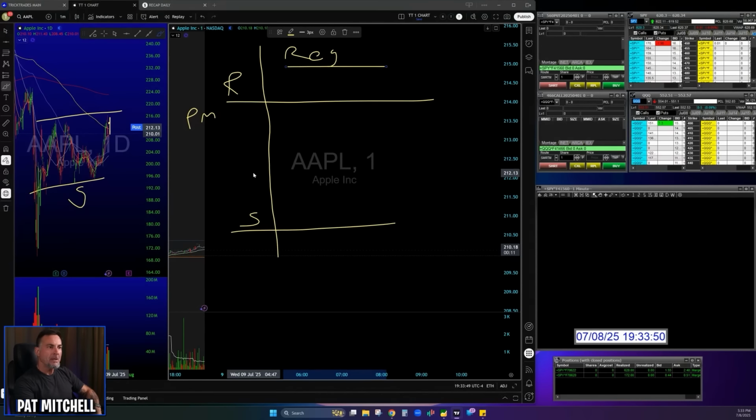Okay? So now let's say the pre-market action was coming up and coming down and coming up, and then it comes into here. Market's about to open up, right? So market opens up. It can do one of two things. It is either going to come up into resistance or come down into support.